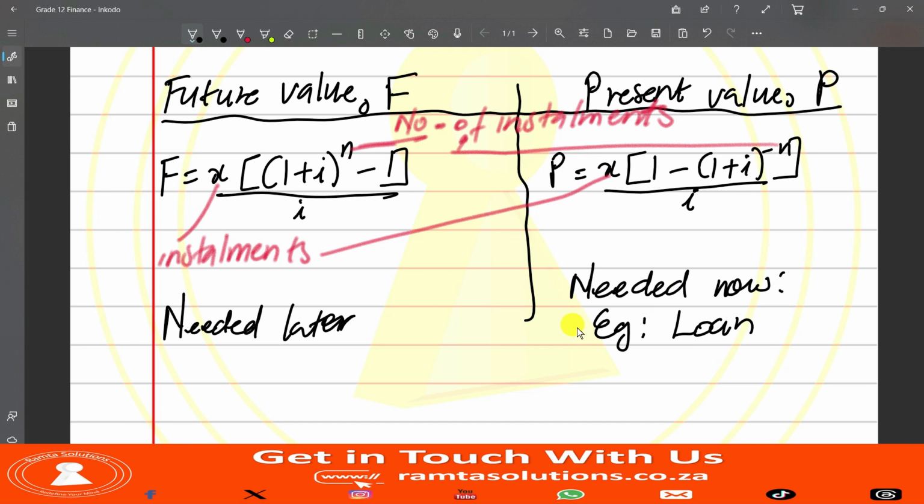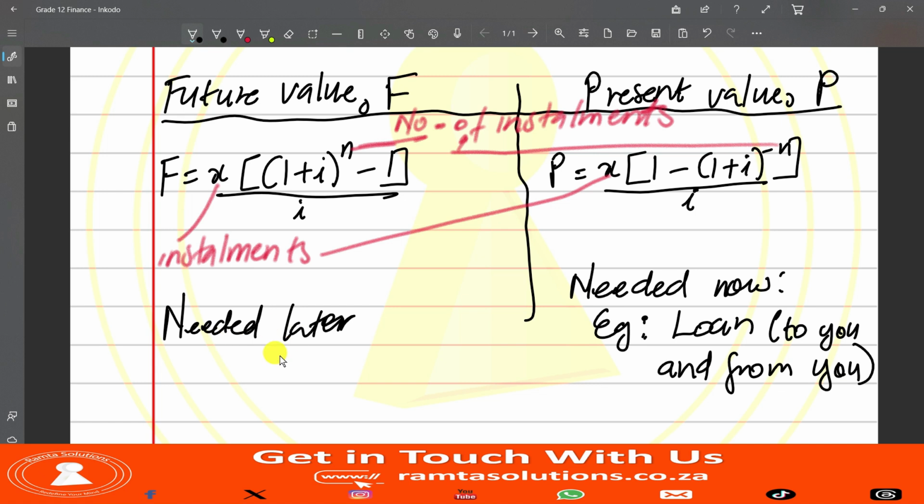Remember with a loan, they give you money now and you will pay it at the end of a month. So with this loan, I want to say to you and from you.